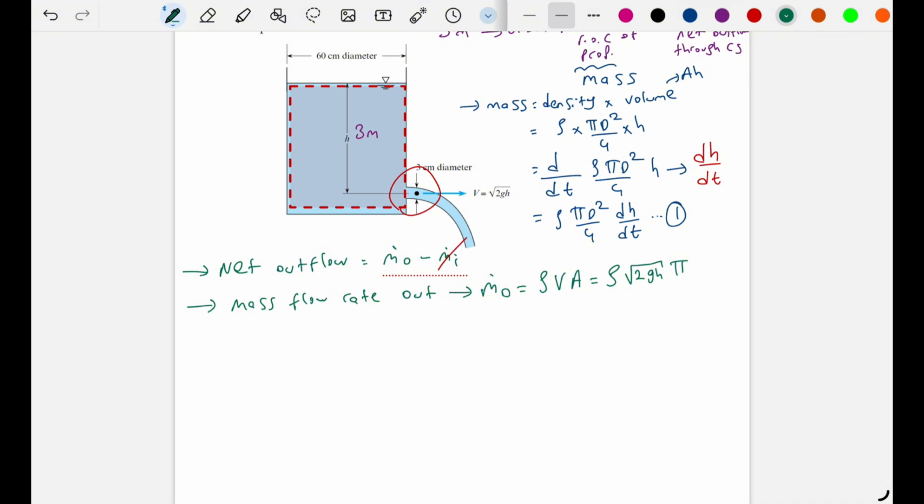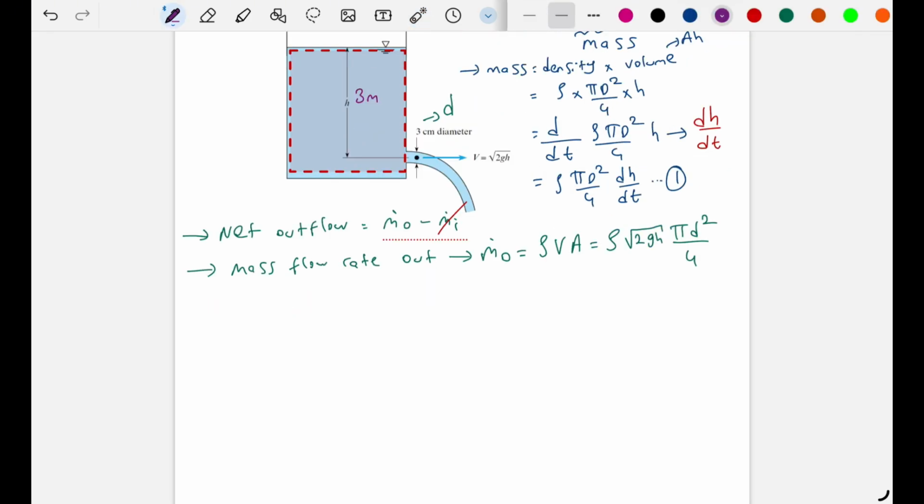So we have pi, we have d, which is 3 centimeters at this outflow. But for now, let's write d square over 4. So basically we have the diameter for the outflow and the diameter for this tank. So this is big D and this is the small one.